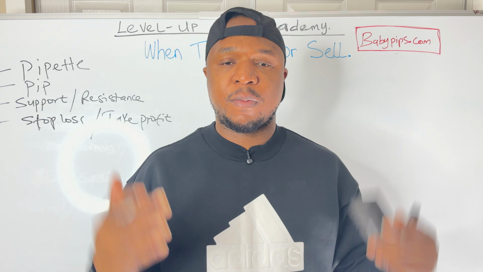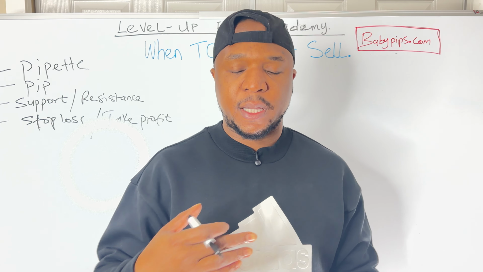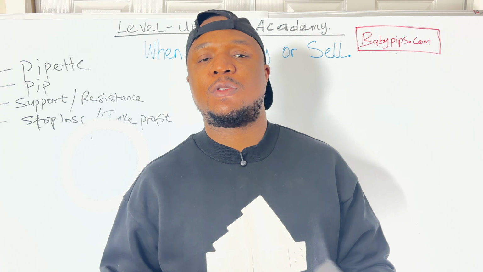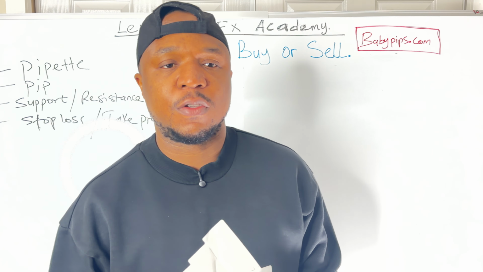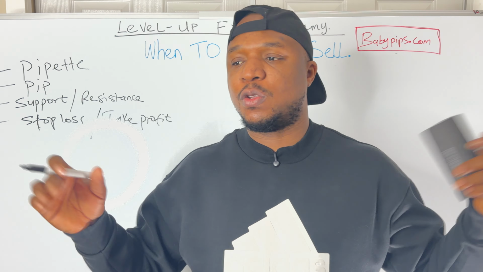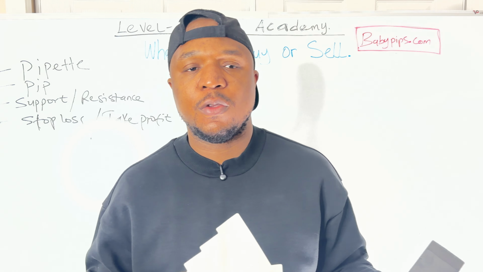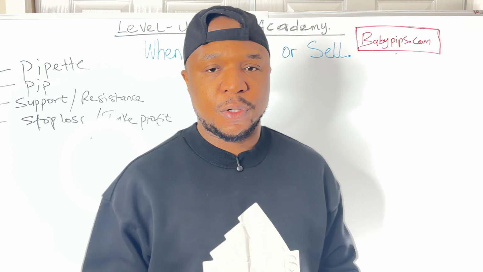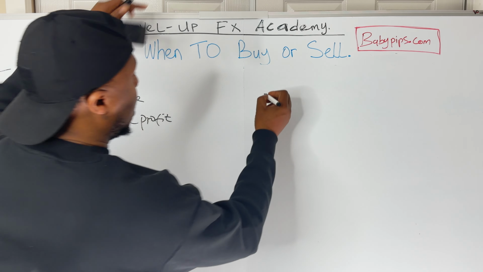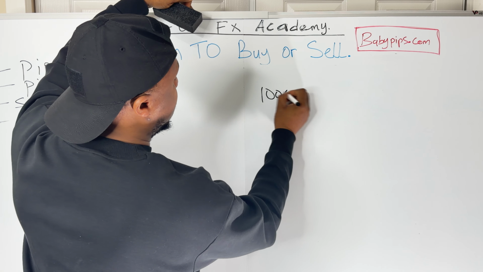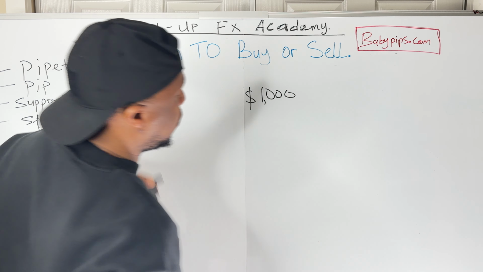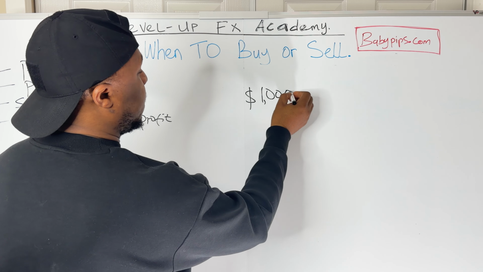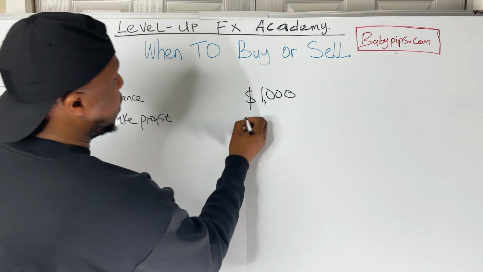Before you get into a market, you can predetermine how much you want to lose and how much you want to make. It's not like gambling where everything you put in is gone. You can risk a certain amount of your money. For instance, you have a $1,000 account to start with. You can set a stop loss.